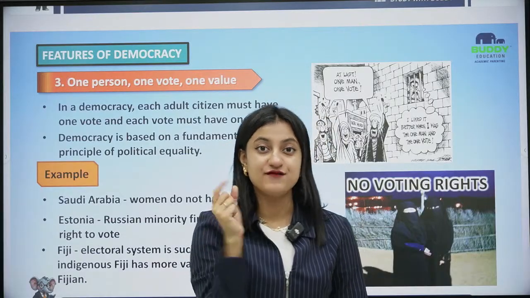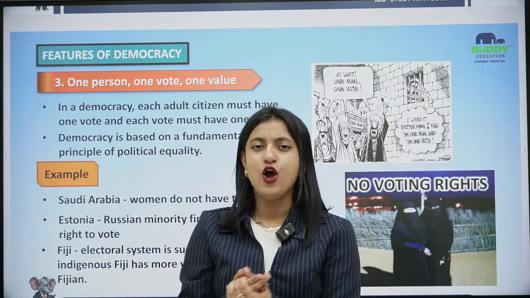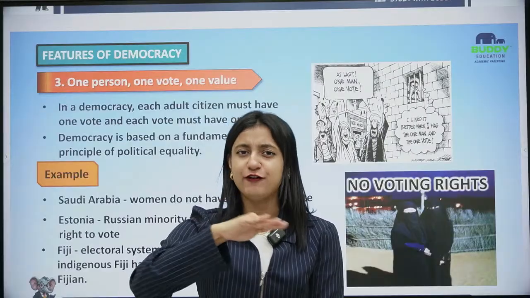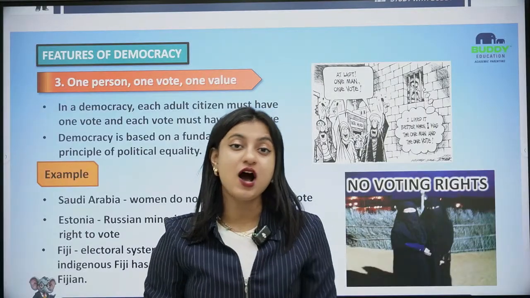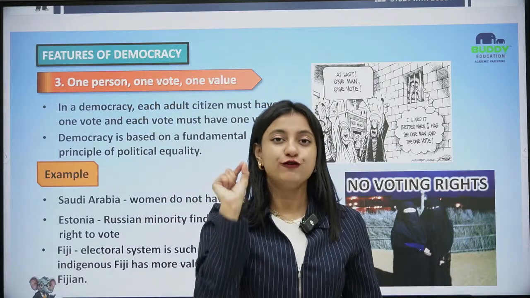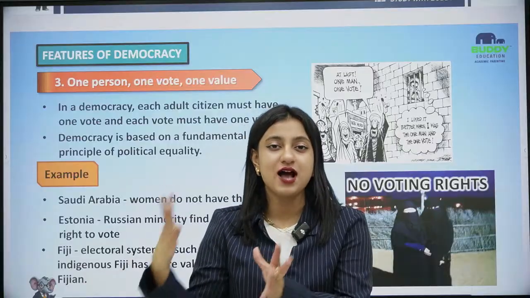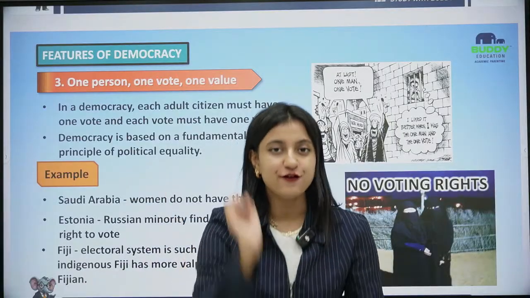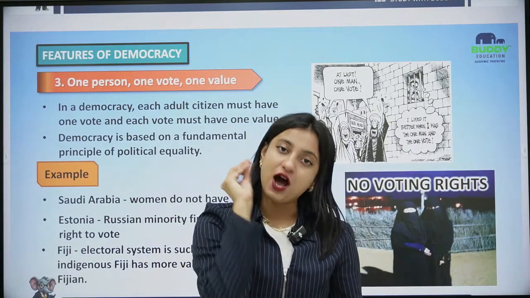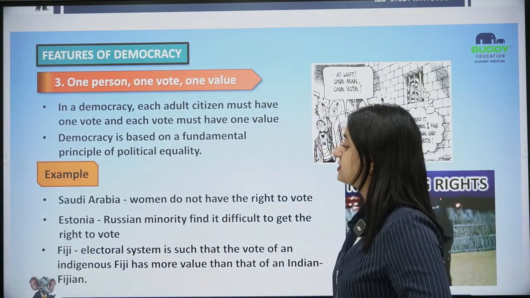It doesn't mean I can have 0.5 of that one vote. No. Your vote will not have only half value, nor can I ask that my vote be given more value, right? My vote and others' vote, if they belong to the same country as I am, we all have one value for our one vote. Understood? There is a story behind it.